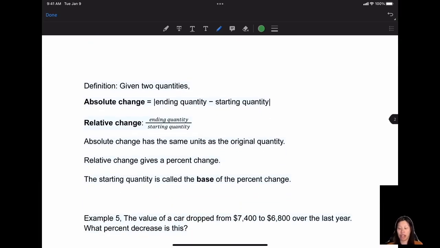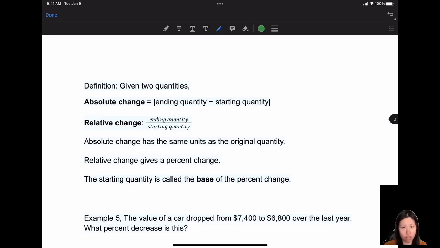Given two quantities, there's a new definition. One is called absolute change. Absolute change is the ending quantity subtract the starting quantity, absolute value. If it's a negative number, we will say it decreased. If it's a positive number, we'll say it increased. Relative change is the change over the starting quantity.